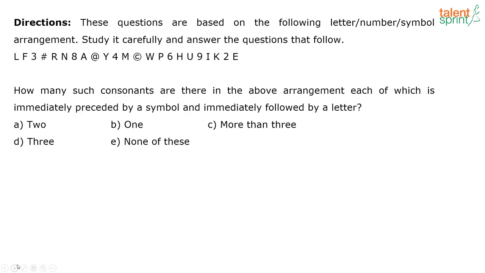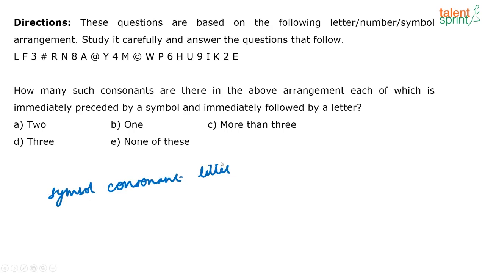Next one. How many such consonants are there in the above arrangement, each of which is immediately preceded by a symbol and immediately followed by a letter? So it has to be a consonant, before that there has to be a symbol, and after that there has to be a letter.